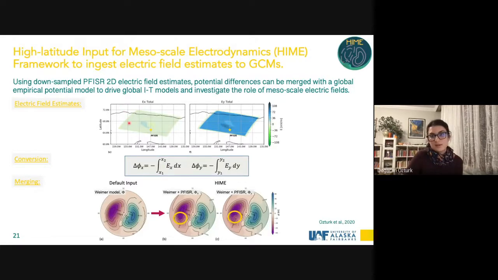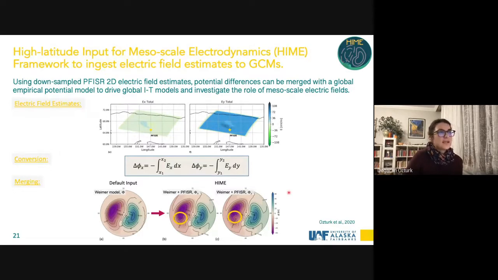This framework can incorporate any estimate, theoretical calculation, or measurements like from SuperDARN into any type of global specification of a potential. You can see we regionally alter the potential fields, and there's a lot of filtering and smoothing involved to omit the boundary effects.